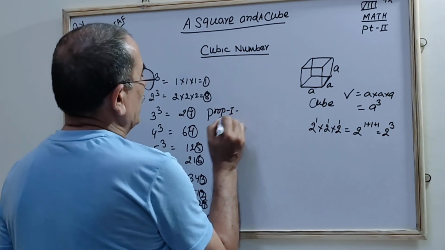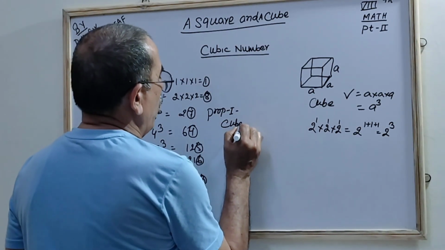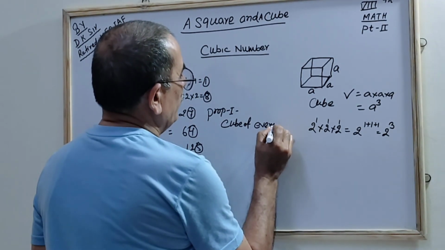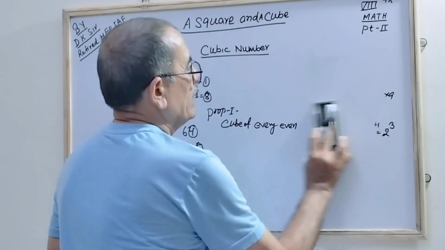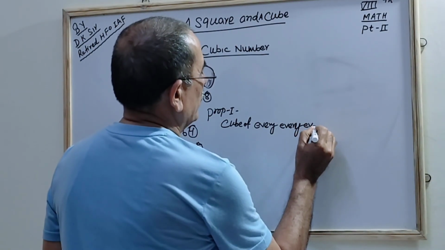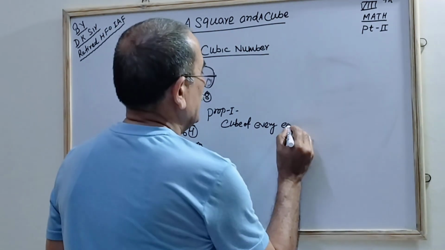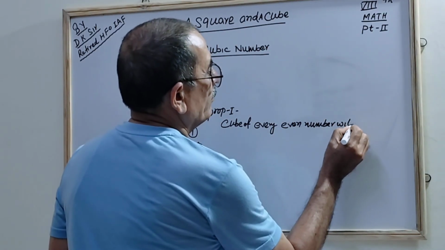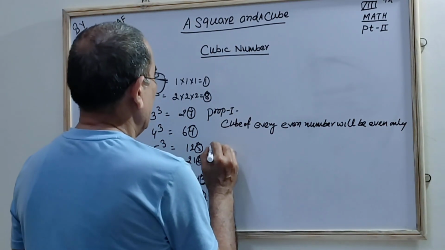Property number 1 says that the cube of every even number will be even only. Correct? Even only.